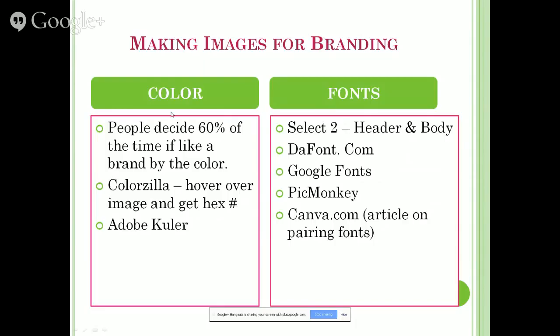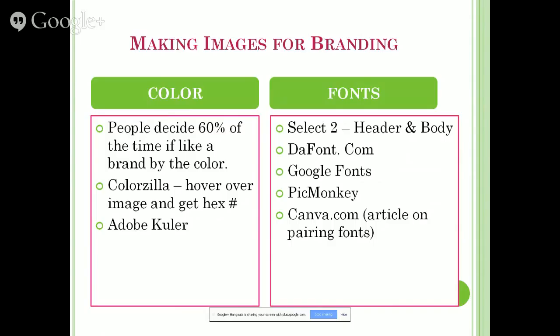All right, color. People decide 60% of the time if they like a brand by the color. So you need to go and pick your color or color combination and make sure it's one that's marketable. There's a couple different resources. Colorzilla, there's lots of resources, but these are just a couple that I've listed here.